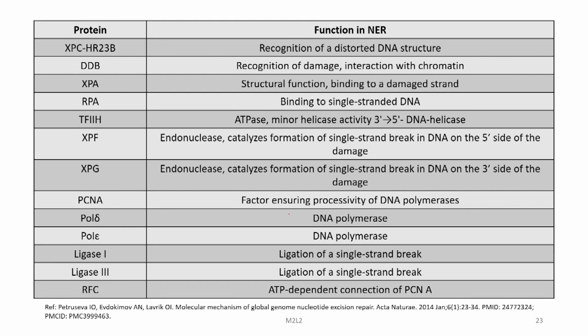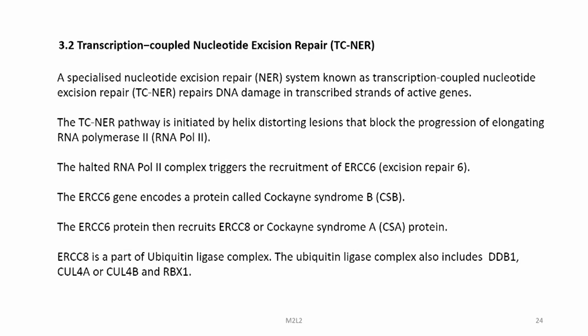PCNA is a factor which ensures processivity of the DNA polymerases. Pol delta and Pol epsilon are DNA polymerases. Ligase 3 and ligase 1 participate in the ligation of the single strand breaks, and RFC is an ATP dependent loader of PCNA.